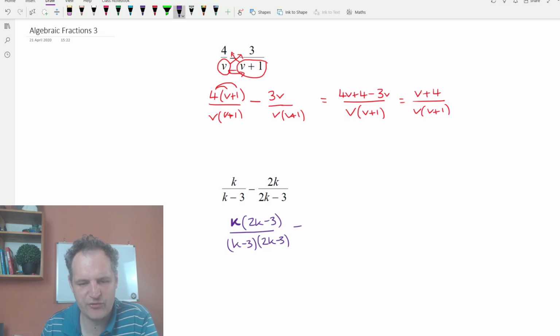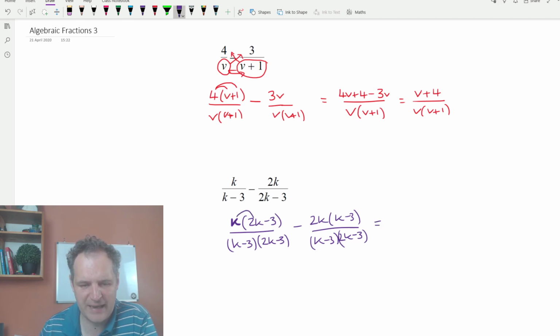And then the same on this side, 2k times k minus 3 and k minus 3, 2k minus 3. You could have written it the other way around. I just like to have the brackets the same way around on the base, but I like to have the single term in front, which is why I've rearranged it.